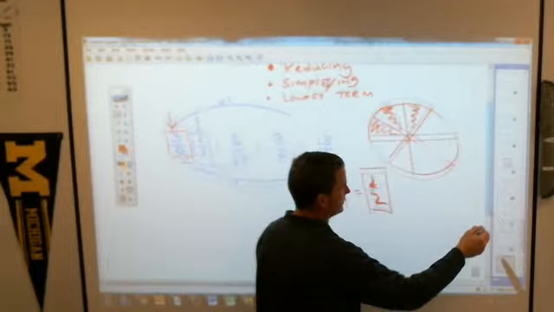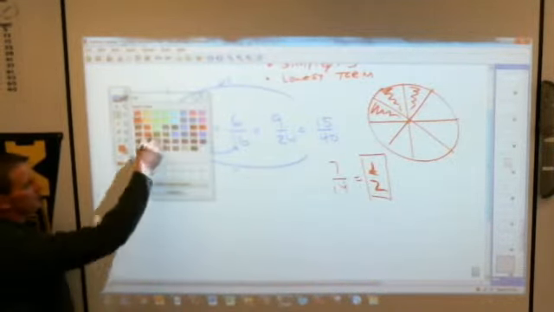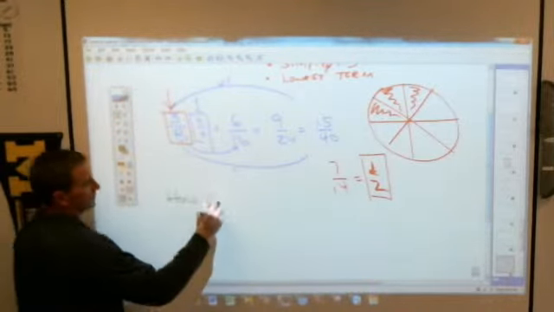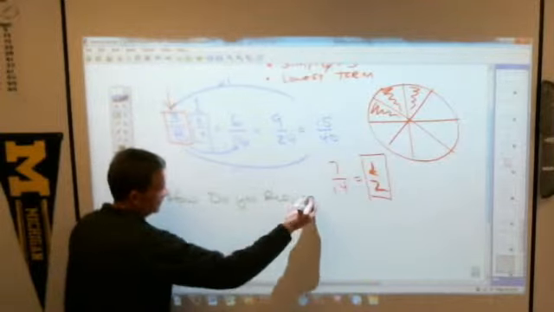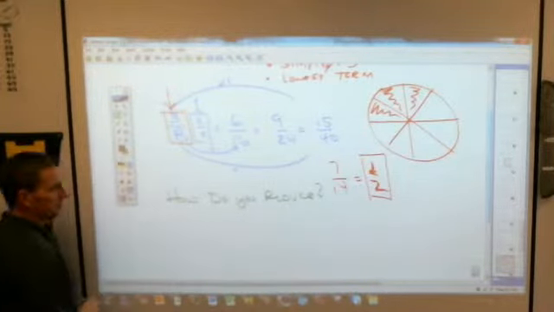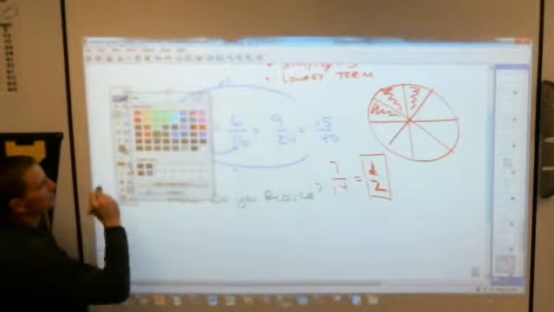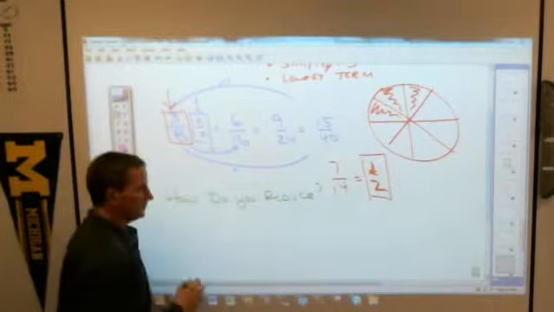So the question you're asking yourself, I know you are, even though you don't want to tell me, is how do you reduce? Question mark, question mark. I didn't hear somebody say that. How do you reduce? Oh, I'm glad you asked. It's very, very simple.